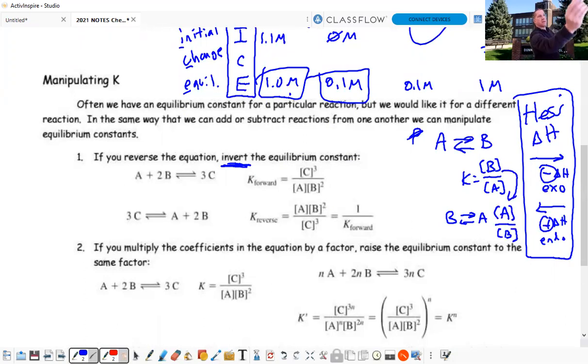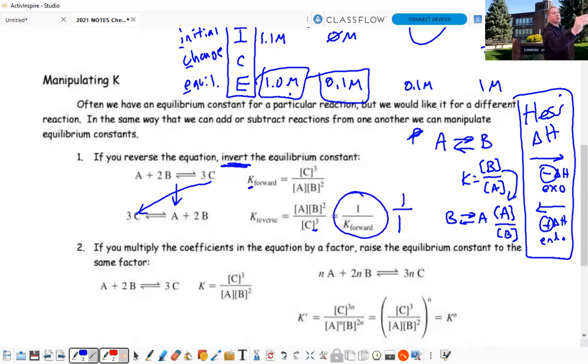So notice what happened. We reverse the reaction and we flip the equilibrium constant. So A plus 2B is in equilibrium with 3C. So products over reactants, there's the forward reaction. If you reverse the reaction, you can see now C is the reactant. So whatever the K was, you just invert it.